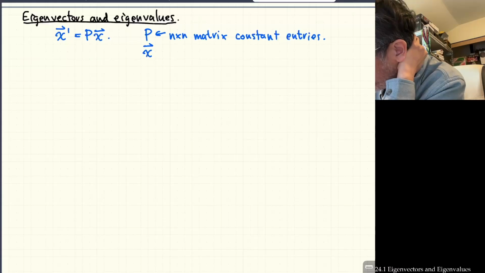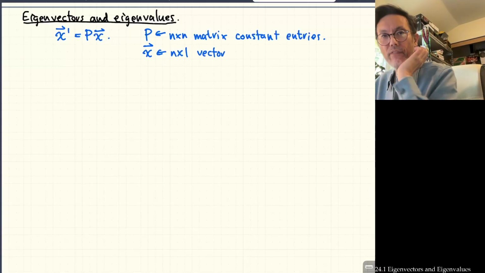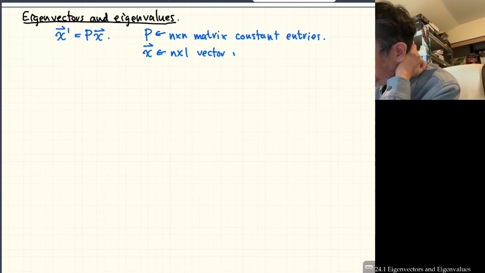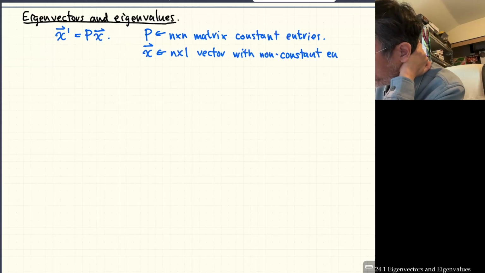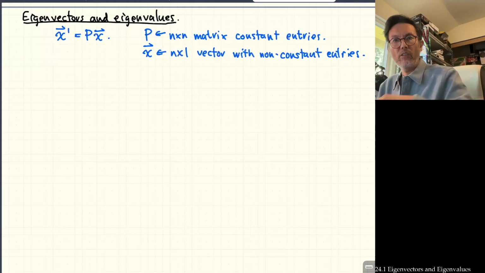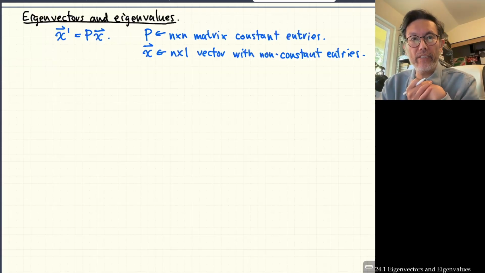X, though, you should think of as an n by 1 column vector, with non-constant entries, or not necessarily constant. It's a vector of functions, x1, x2, x3. Those are all functions of t, and they're arranged and organized in this vector here.